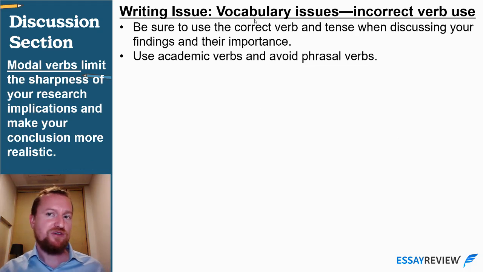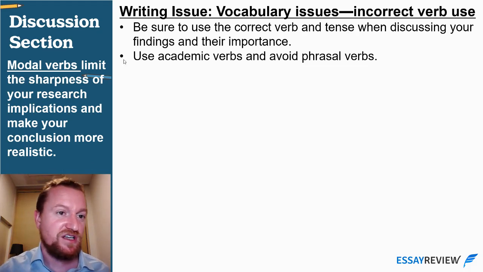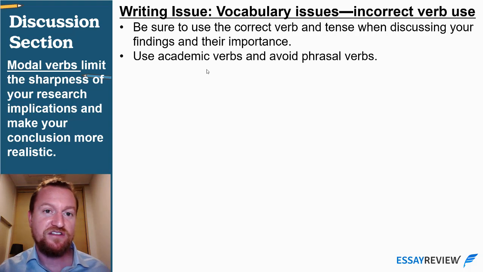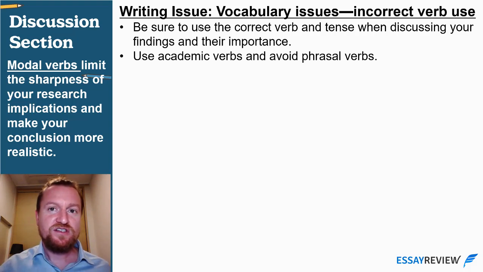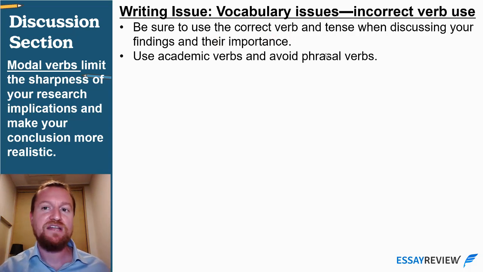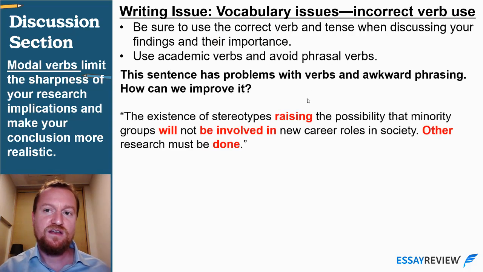Let's look at some vocabulary issues that are found in the discussion and many other parts. This is incorrect verb use, so be sure to use the correct verb and tense when discussing your findings. "The existence of stereotypes raising the possibility that minor groups will not be involved in new career roles in society. Other research must be done." What are the issues here?